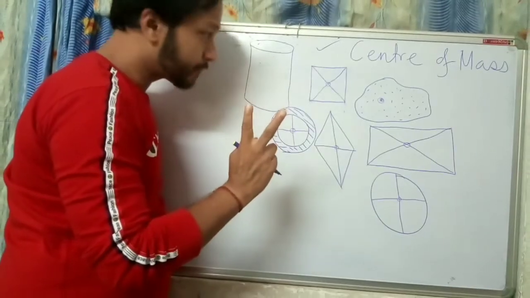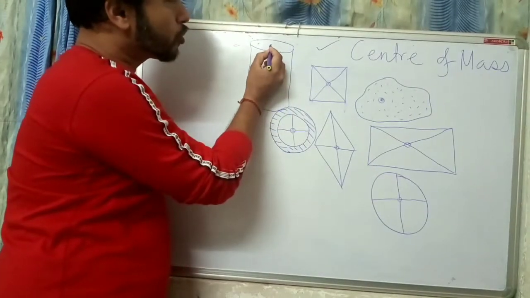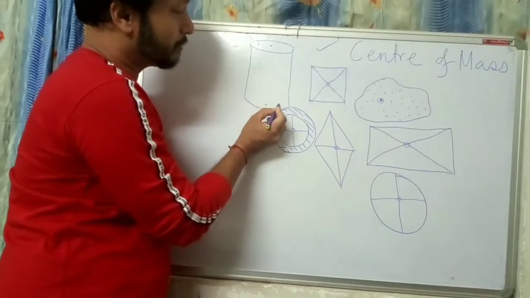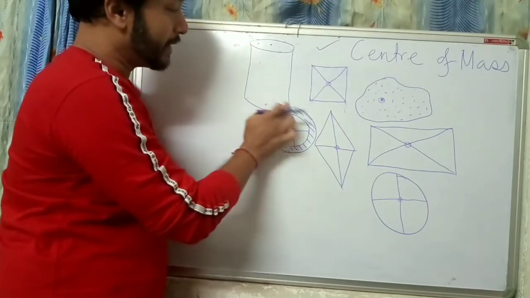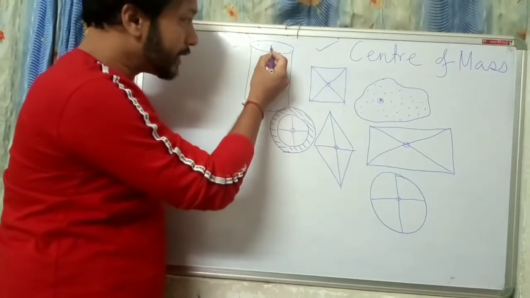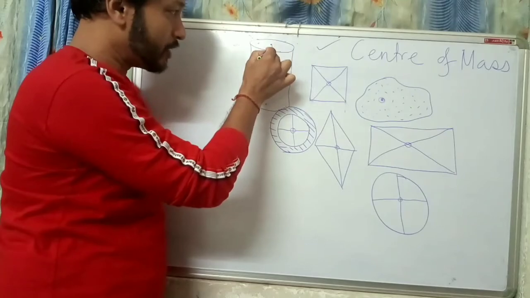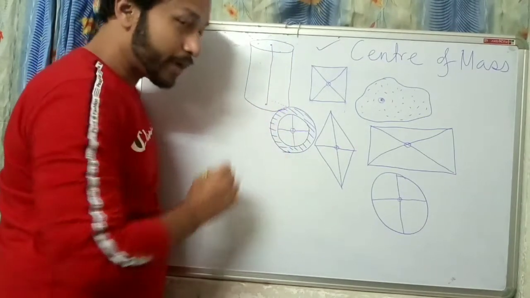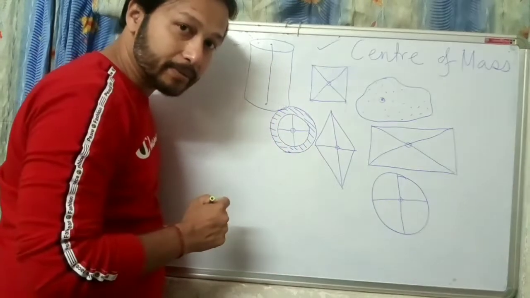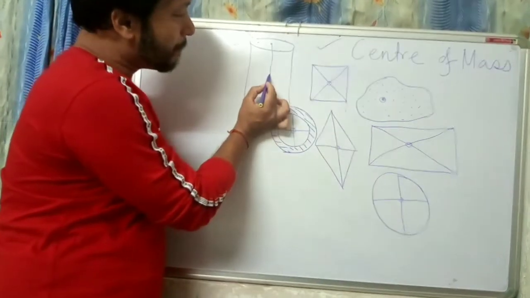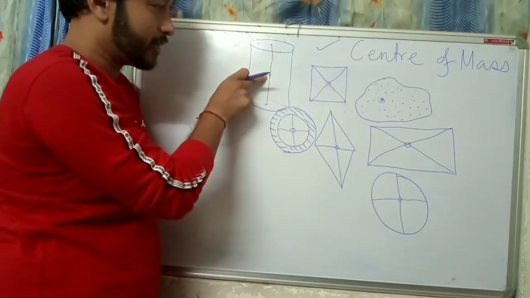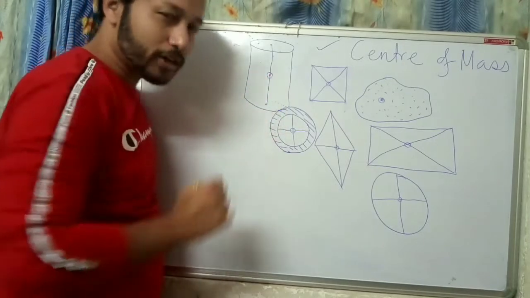The centers of those bases, if I join them, what are we getting? Correct, we are getting the height of this cylinder. Now the exact midpoint of this height is called the center of gravity or center of mass.